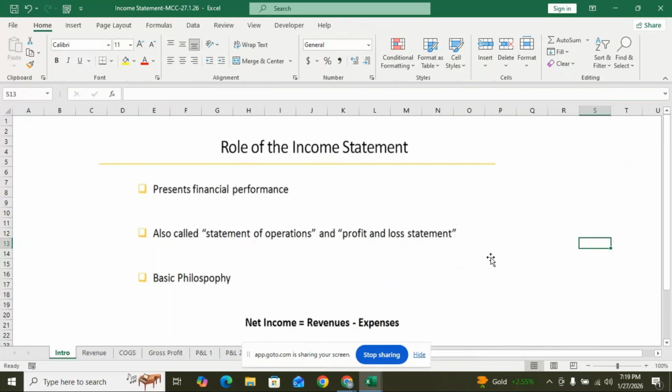So what role does the income statement play? The income statement is a statement where you determine the net income available to the shareholders of the company. This income statement represents the financial performance of a company.